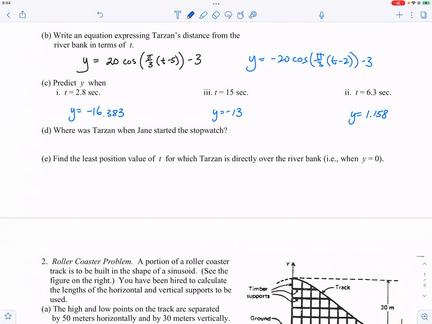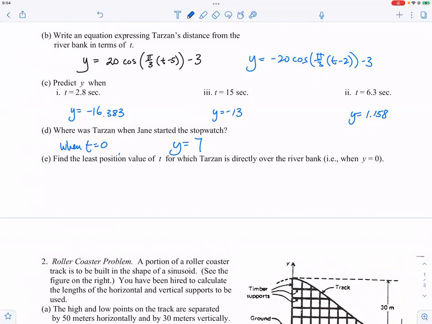Where was Tarzan when Jane started the stopwatch? That means time is equal to 0. So when time is equal to 0, you do trace again, and then you will have y equal to 7.